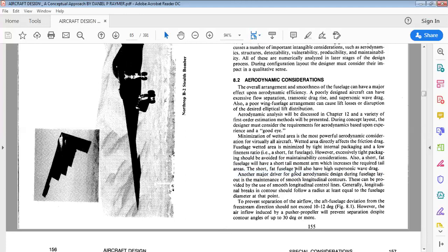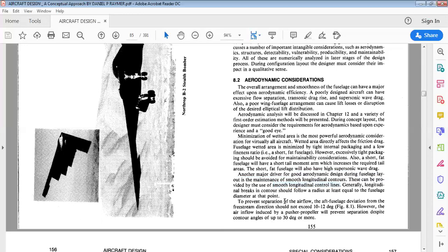Another major driver of a good aerodynamic design during the fuselage layout is maintenance of smooth longitudinal contours. During the configuration, I already showed you that the longitudinal contours should be smooth. To get a good aerodynamic design, these can be provided by the use of smooth longitudinal control lines, as we call them. They are called the control lines, and we spoke about the control stations, correct?